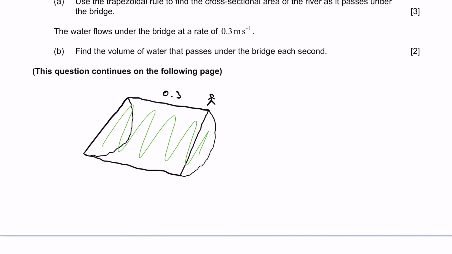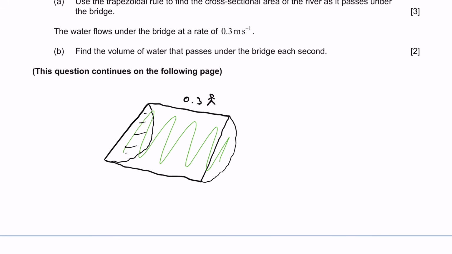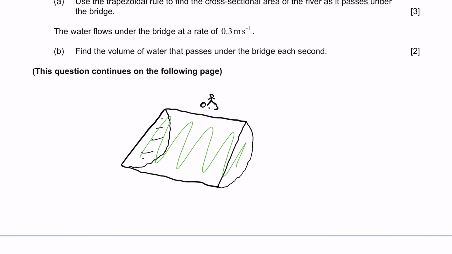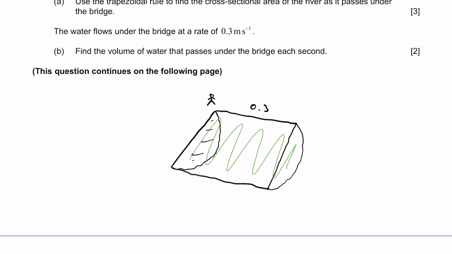And earlier we calculated the cross section of it. Sitting by the edge of the river where we witness this green blob that has an extension of 0.3 meters, how long does it take for this blob to pass us by? Well, it takes exactly 1 second for it to pass us by.